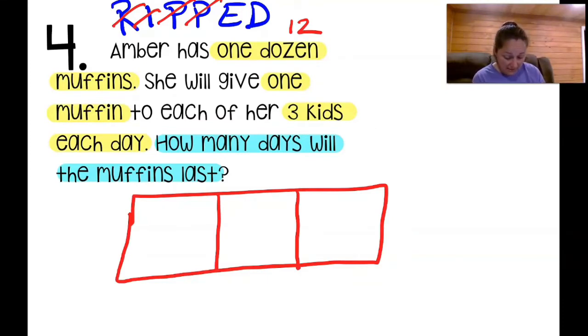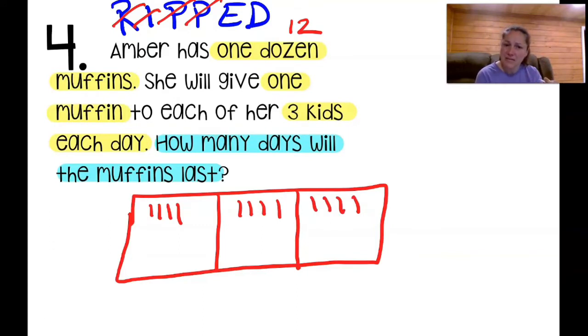So let's see. There's 1 day. Each kid gets 1. That's 3, 4, 5, 6. Not at 12 yet. 6, 7, 8, 9, 10, 11, 12. Okay, so I dealt out 12 muffins. Each kid got 4 muffins, and they only got 1 muffin a day.